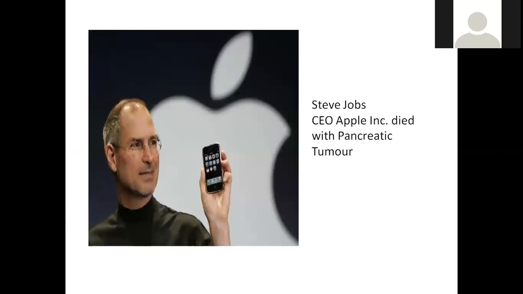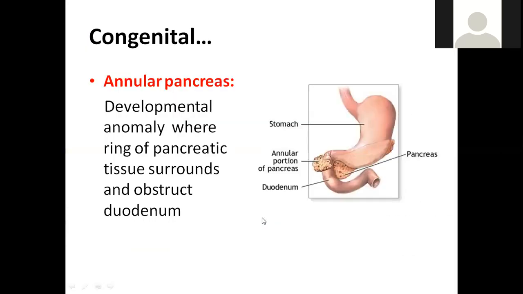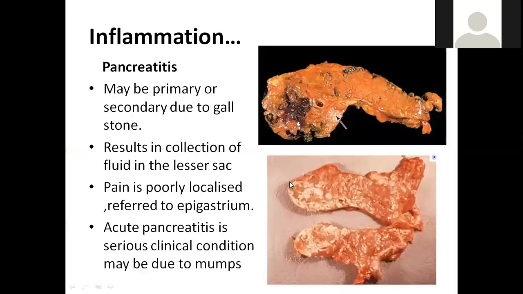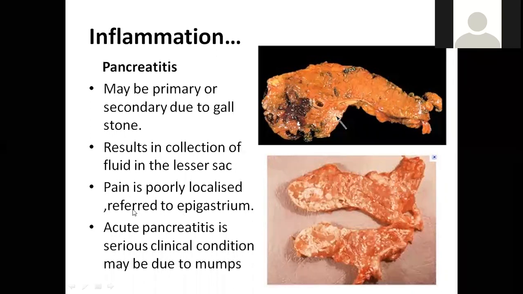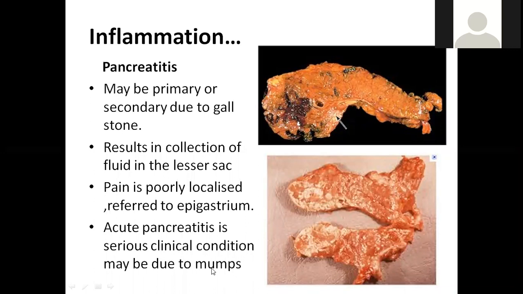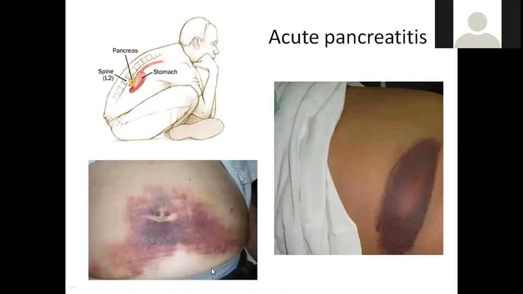Steve Jobs actually died of a pancreatic tumor. So this is one clinical condition. You also have annular pancreas, trauma of the pancreas, and inflammation of the pancreas. If there is any inflammation of the pancreas, usually found in alcoholism, there will be pain referred to the epigastrium. The clinical condition may look like mumps also.